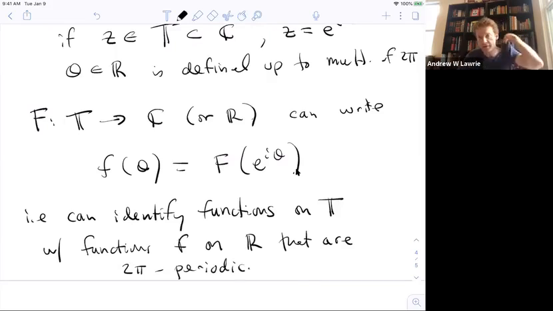So the study of functions on the circle, on the one-dimensional torus, is equivalent to studying functions f on the real line that are 2 pi periodic.